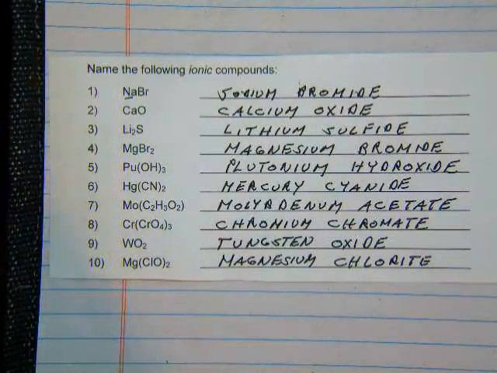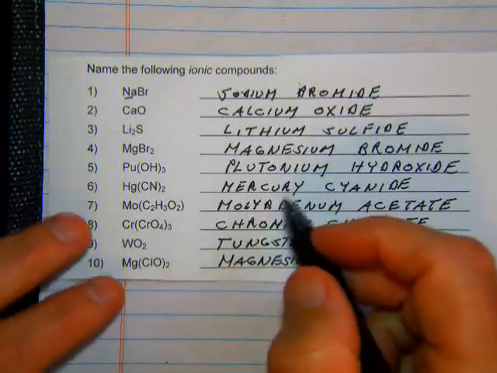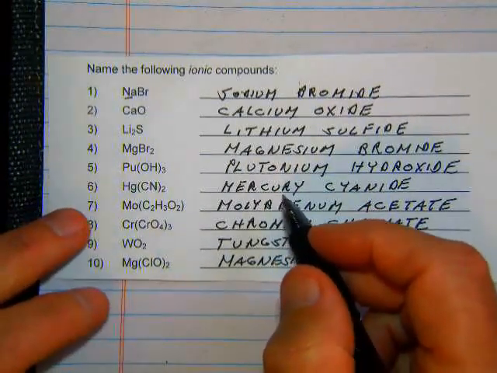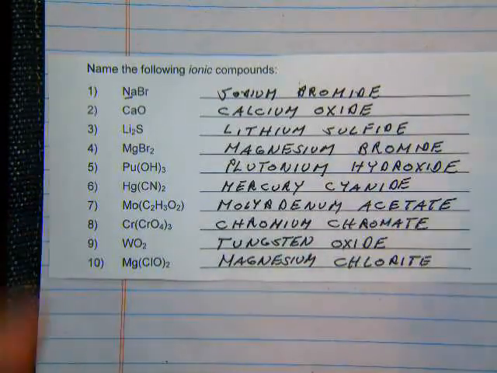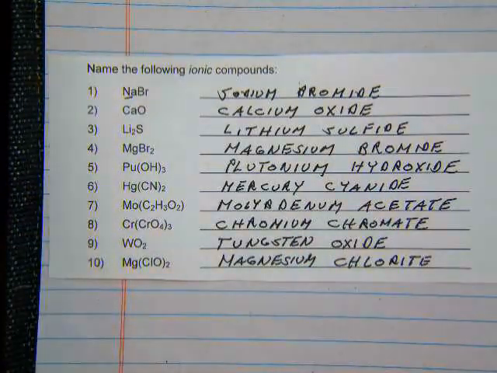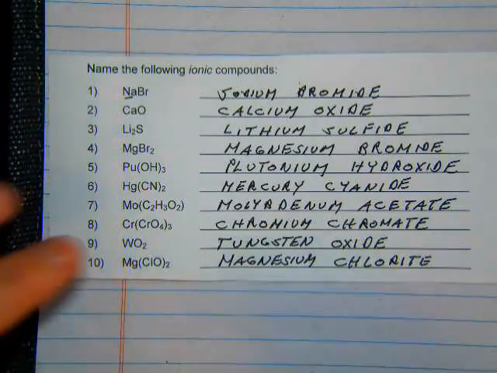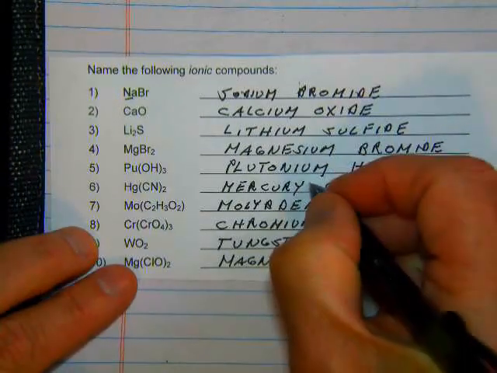We should go back and look at the mercury with a cyanide. Technically, and you're not going to see it that often, mercury would be mercury 1. Well, actually, this one would be mercury 2 because there's 2 cyanides.